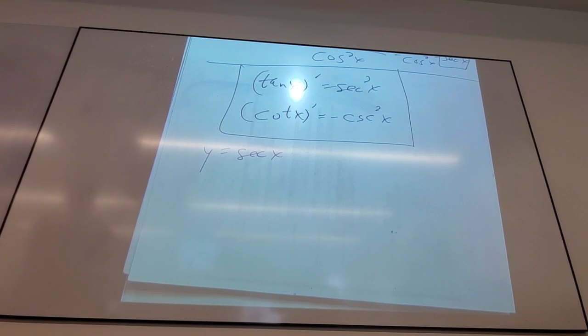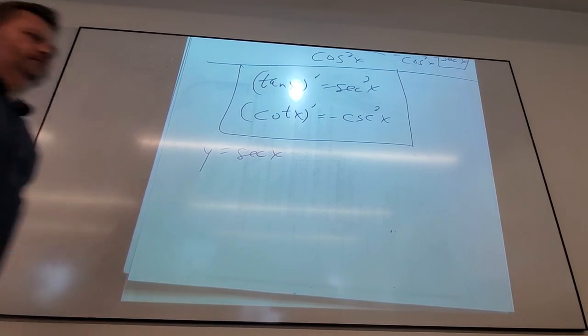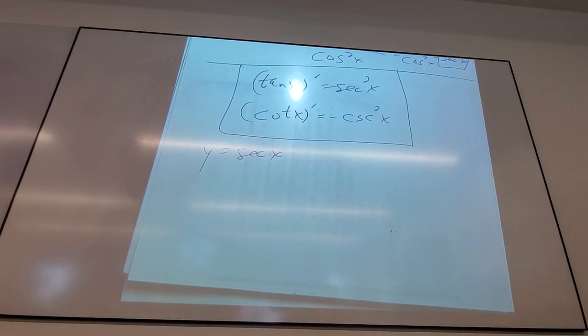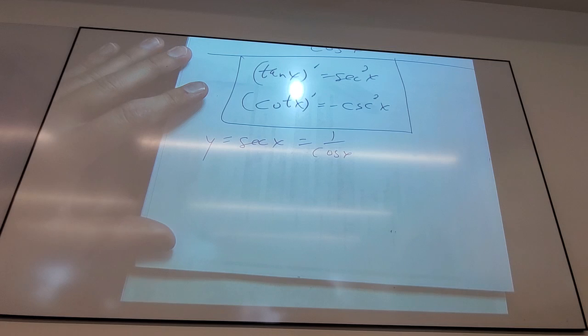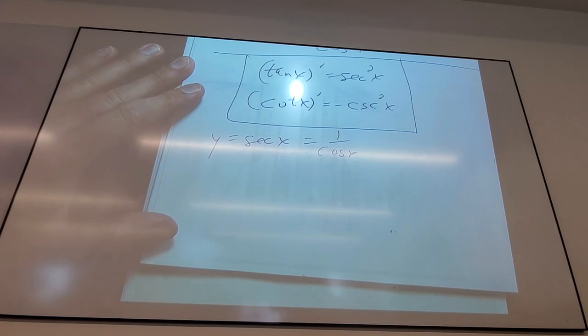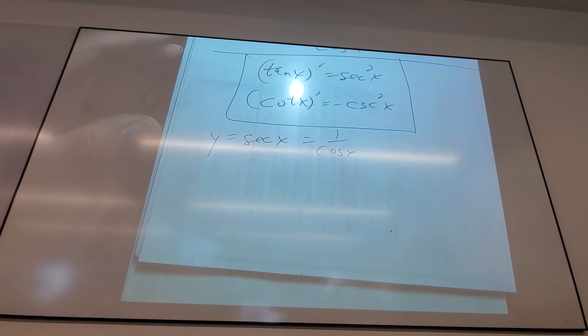And let me just say this. You have to be careful. That is not secant times x, yes? That is secant of x. So those would be 1 over cosine, yes? And then I could use the quotient rule.